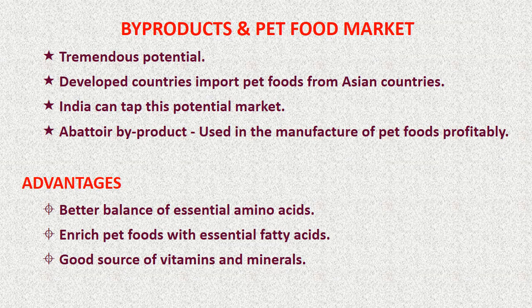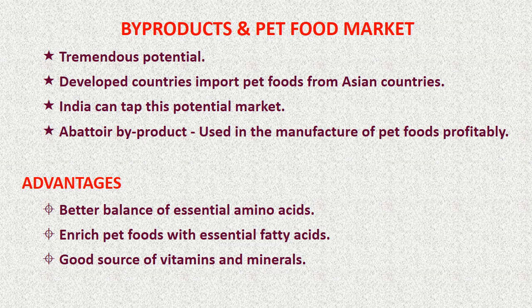Here we will briefly talk about the animal byproducts and the pet food market. As I have mentioned, our main motto in this lecture is to discuss the utilization of meat industry byproducts in pet food. So at the beginning I told about the market potential. There is a huge market for pet food in India, and there is import of pet foods from Asian countries by the developed countries.